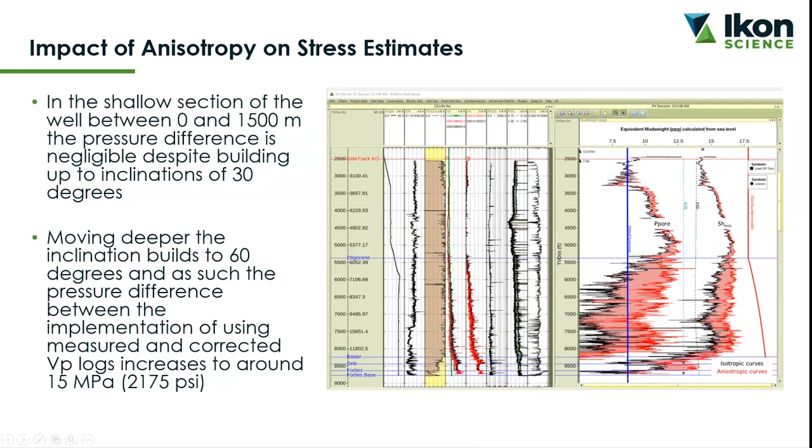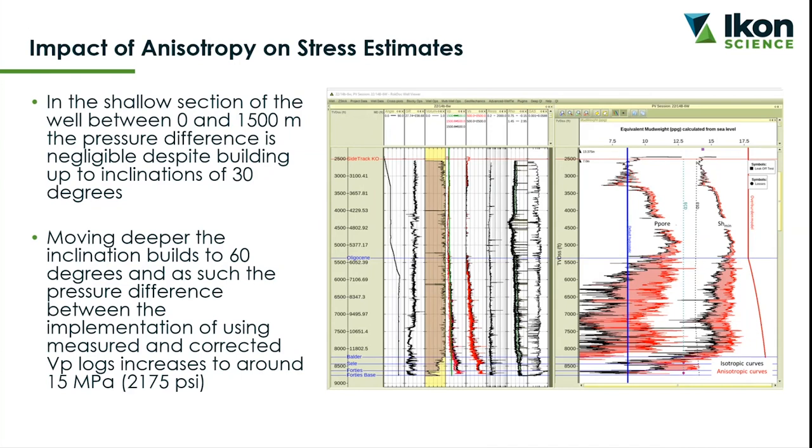Without any correction, if we invert the data for pore pressure through that zone using an Eaton type model, which was developed for that field, for that area, then we end up with an incorrect prediction.